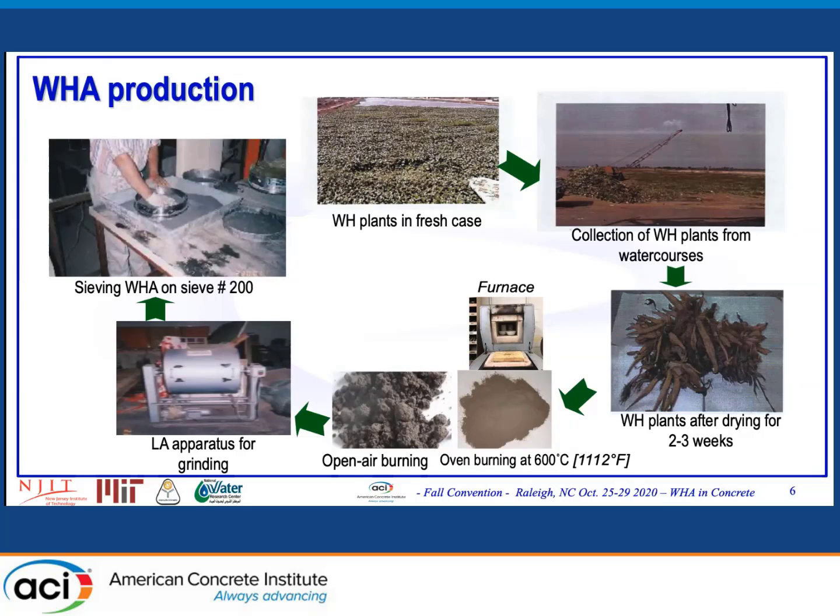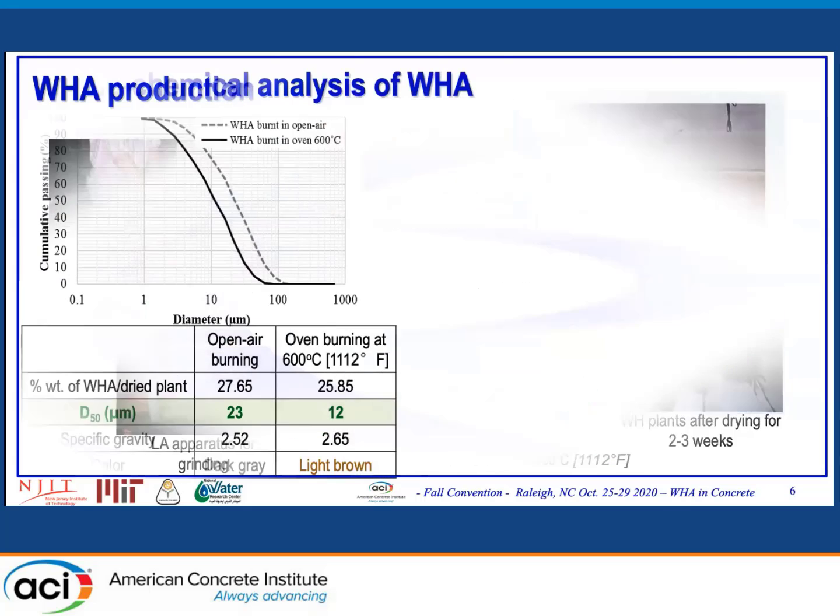And also I tried to burn this plant in a furnace at a controlled temperature of 600 degrees. The resulting ash from this process, I ground it in an LA apparatus and sieved it on a 200 mesh sieve. The resultant, I call water-hyacinth ash.